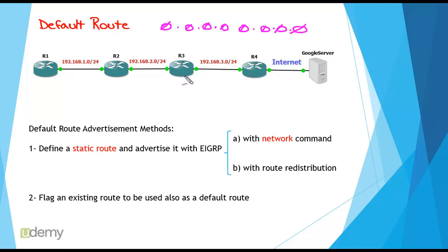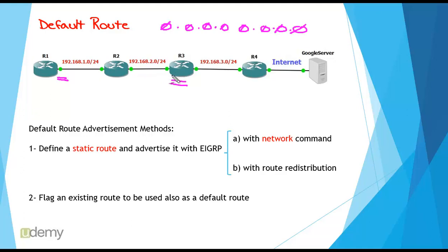For example, in this scenario, when we configure static routing or dynamic routing, routers know about the internal routes, for example the 192.168.1, 2, or 3 networks. When they want to go to these networks, they use their longest prefix match. For example, think that we are on router 3 and I ping 192.168.1.1, which is the IP address of this interface.